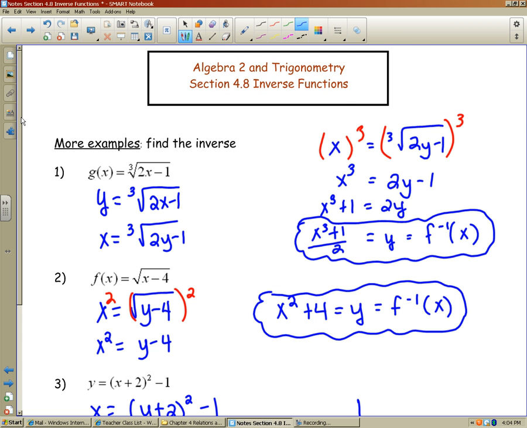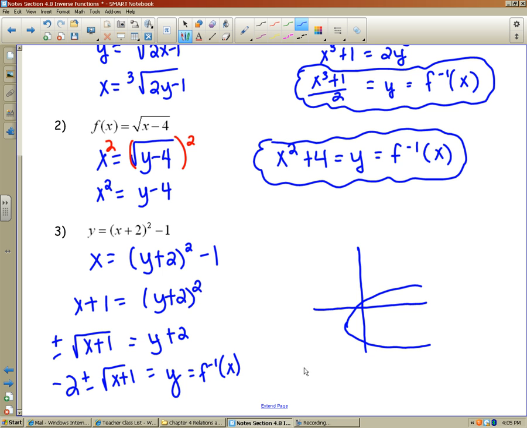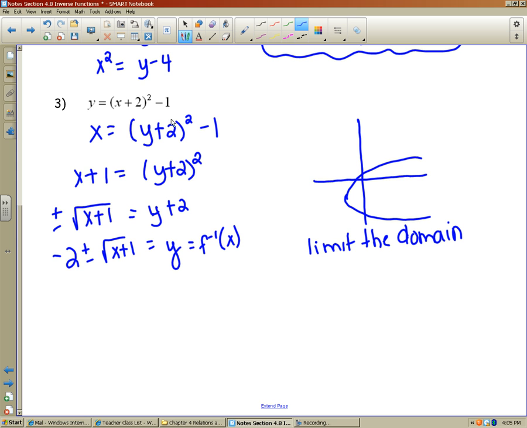So what we just have to do in this case is we have to limit our domain. If we limit the domain of the original function, then when we take the inverse, it exists. So basically when we take a parabola, we just take 1/2 of it, because then it's one-to-one. So this cannot be an inverse because it's not a function. However, each part is.